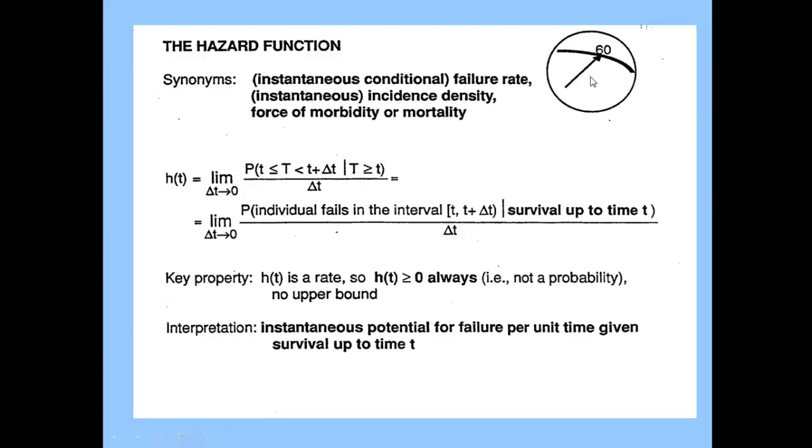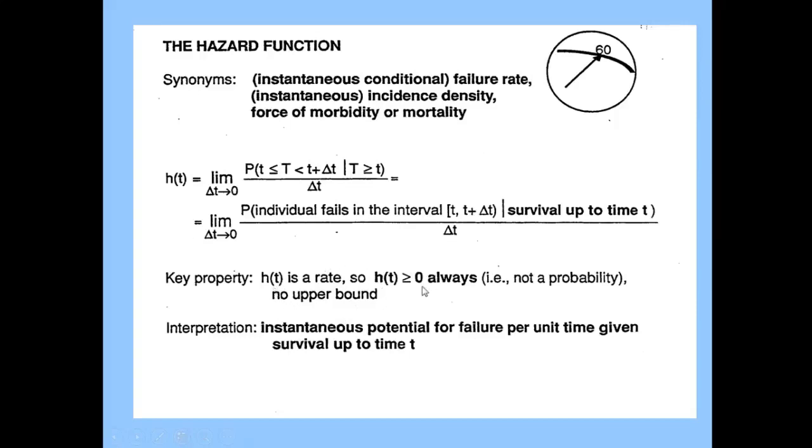There's that speedometer. Okay. One synonym is instantaneous conditional failure rate. Another one is instantaneous incidence density. Another one is force of morbidity or mortality. It's an instantaneous potential for failing at time t. That's what it is. And the key property, it's a rate.